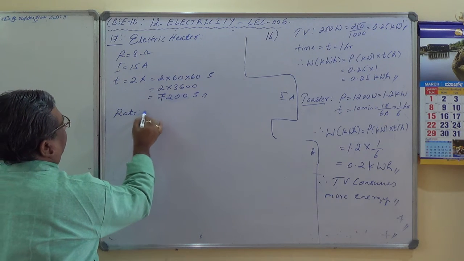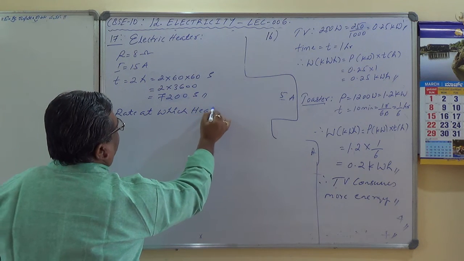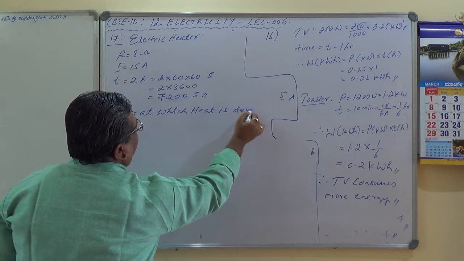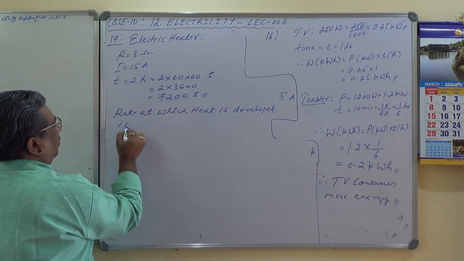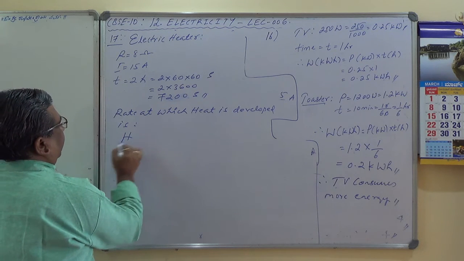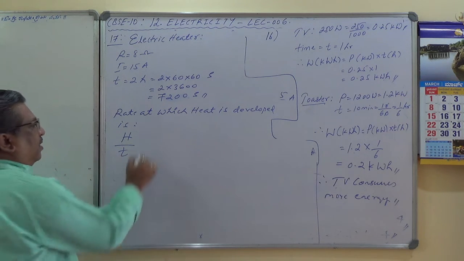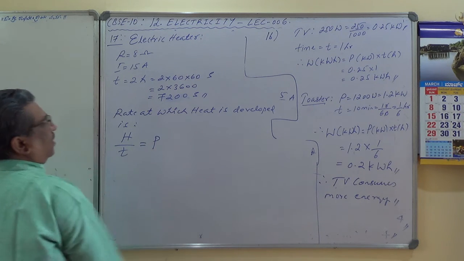The rate at which heat is developed is nothing but H divided by T. Isn't it? H divided by T equals power.